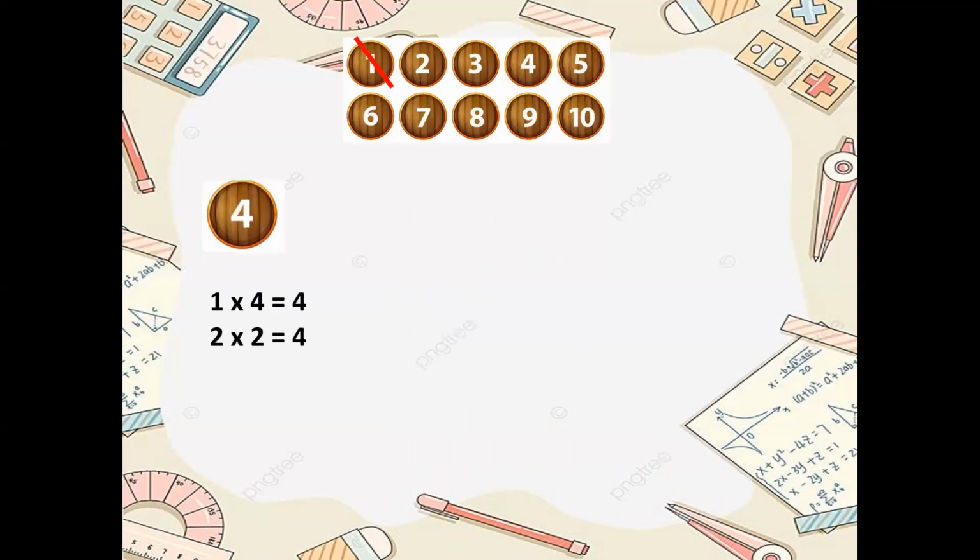Then we'll check whether number 4 is a prime number. You can write number 4 as a product of two numbers. One way is 1 times 4 is 4. The other way is 2 times 2 is 4. Then we'll see what the factors of number 4 are. That is number 1, number 2 and 4. Because number 4 can be divided by 1, by 2, and by 4 completely without getting any remainder.